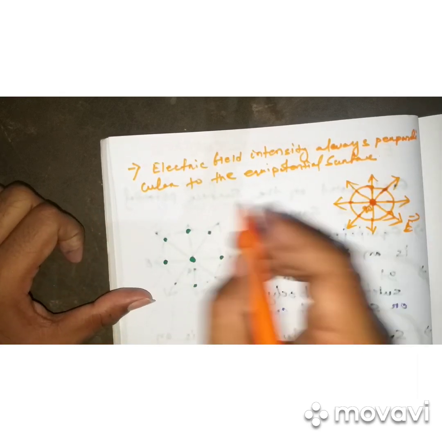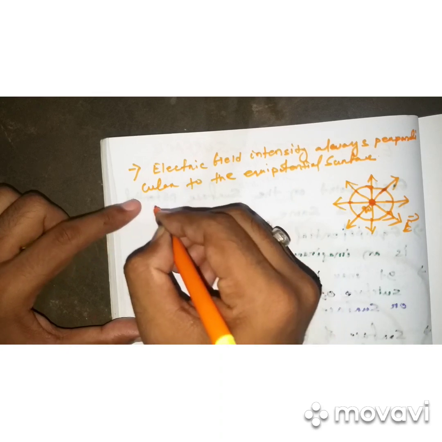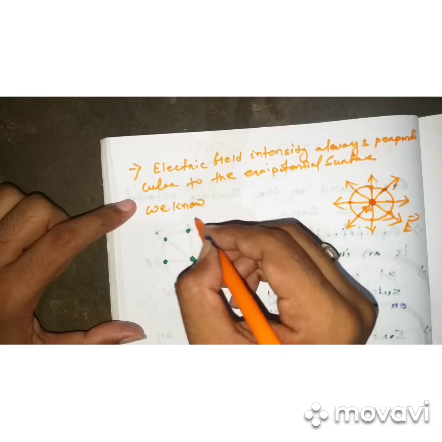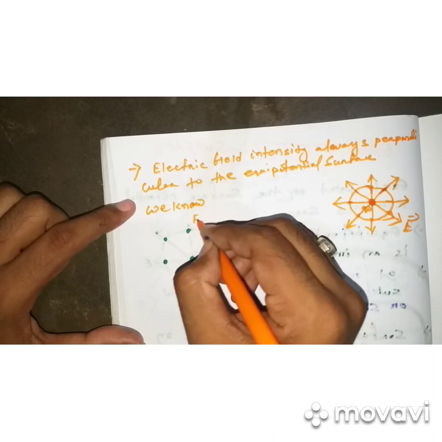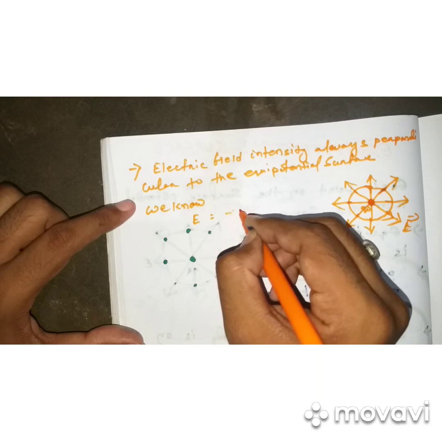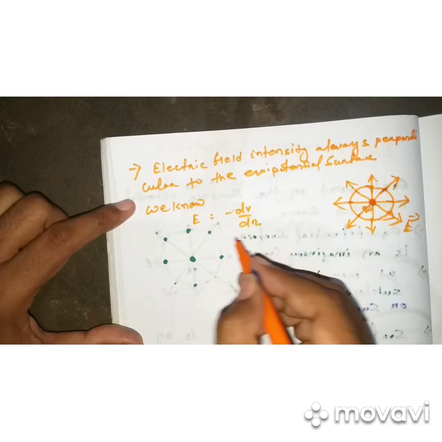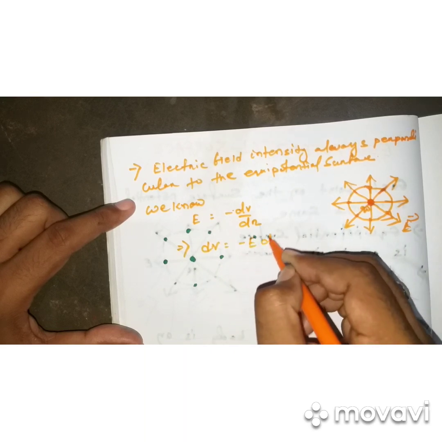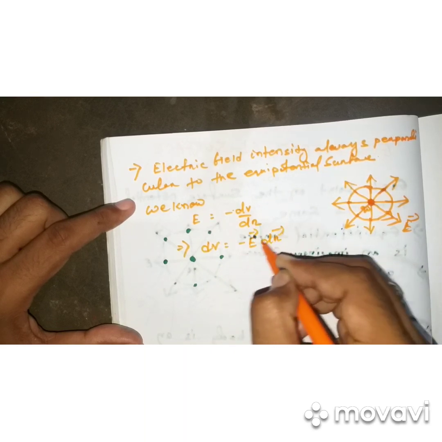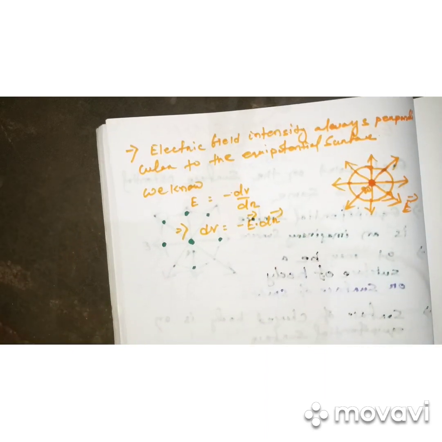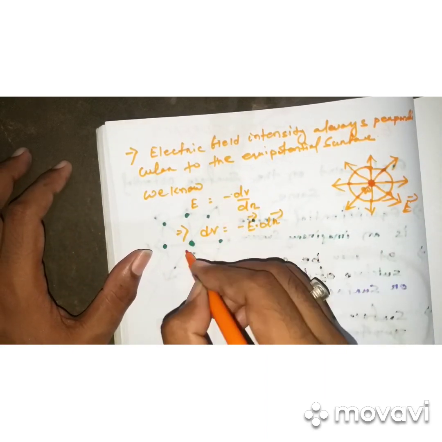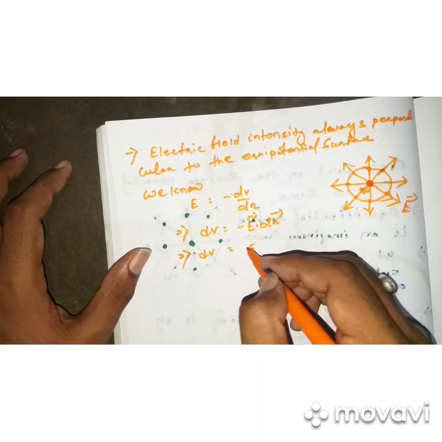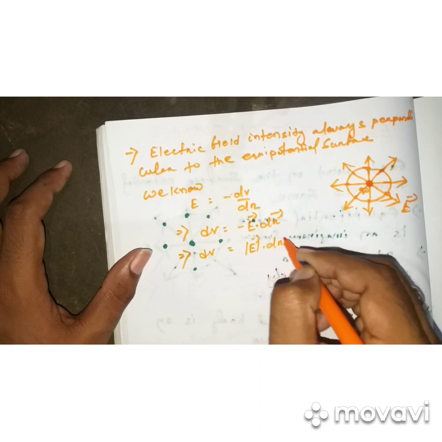Outward. We know the relation, electric field intensity E equals minus dV by dr, which implies dV equals minus E vector dot dr vector. Clear? If you represent magnitude, dV equals E mod dot dr mod.